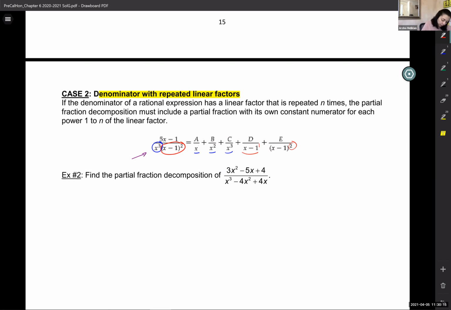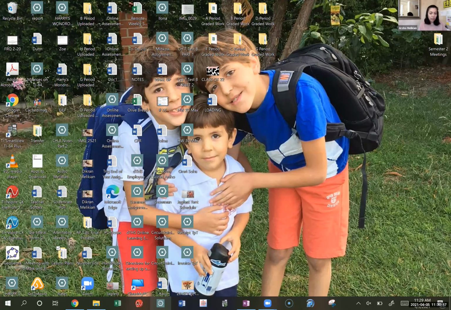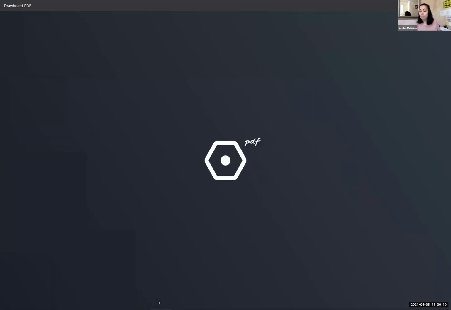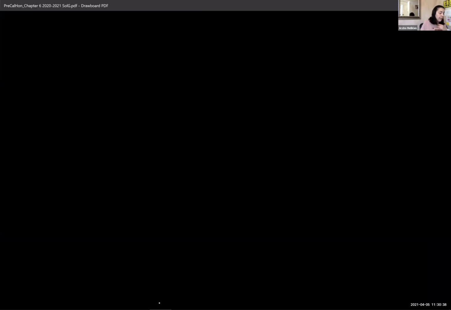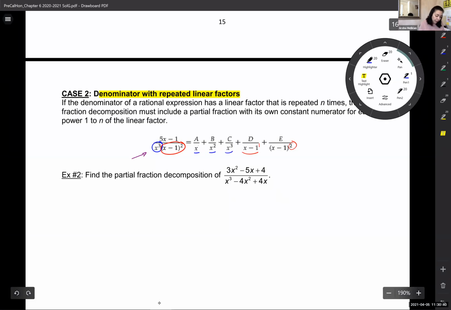Let's take a look at this example here. So let's factor the denominator there by the time this loads. First, we need to factor out an x, right? So go ahead and factor out an x, and then you can continue factoring.